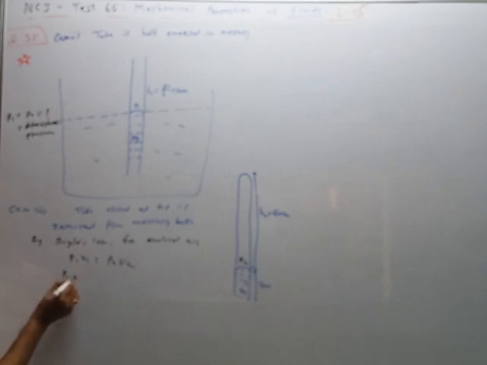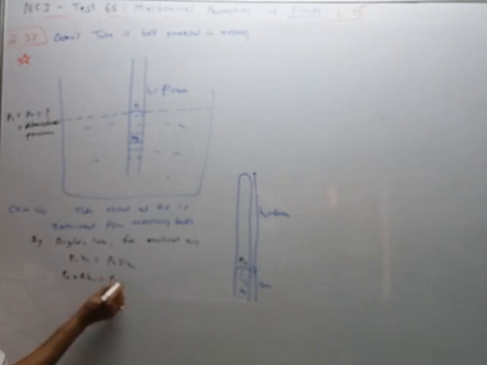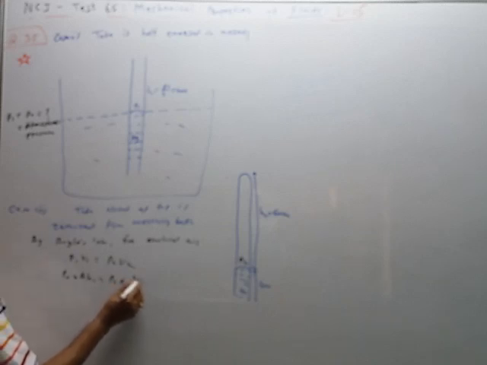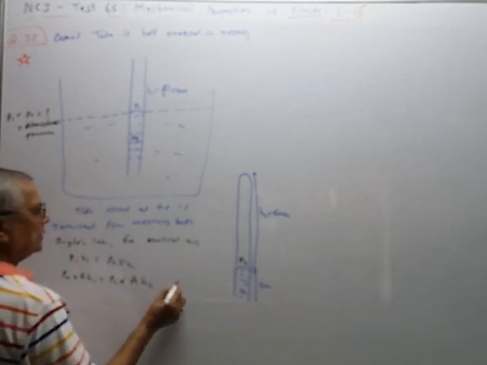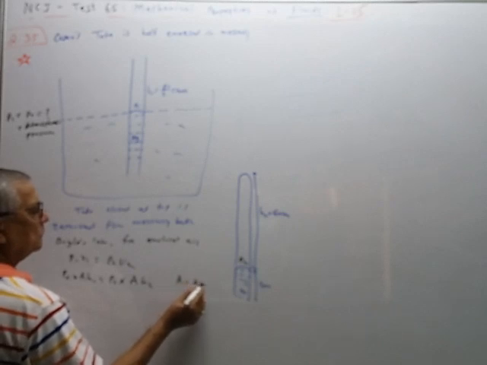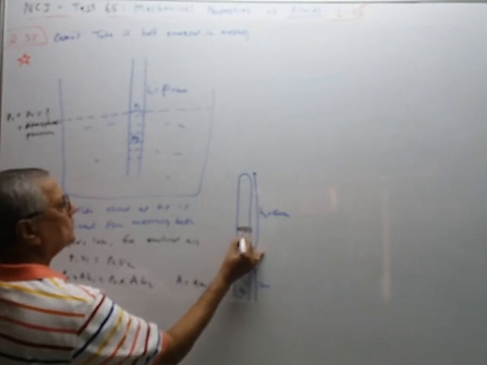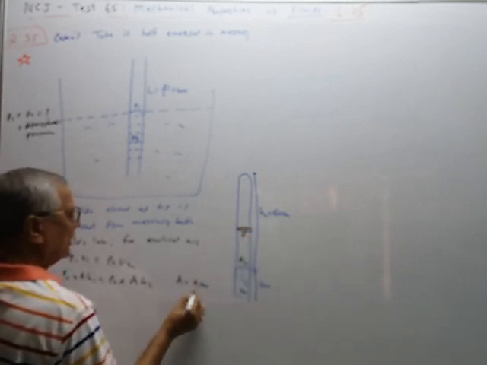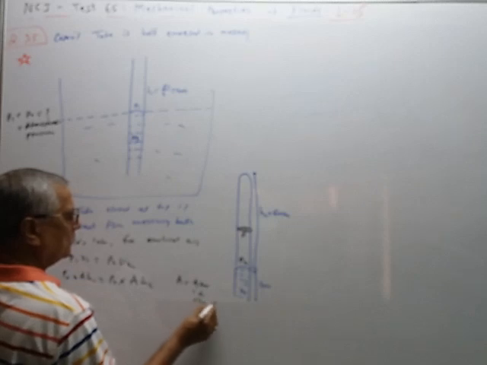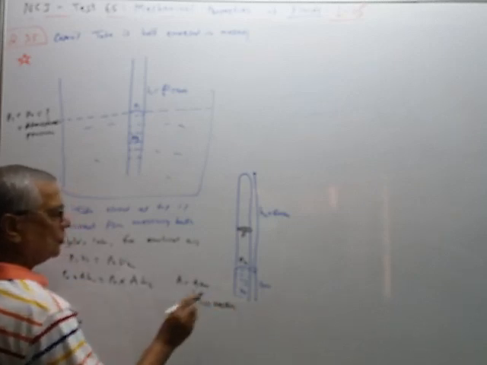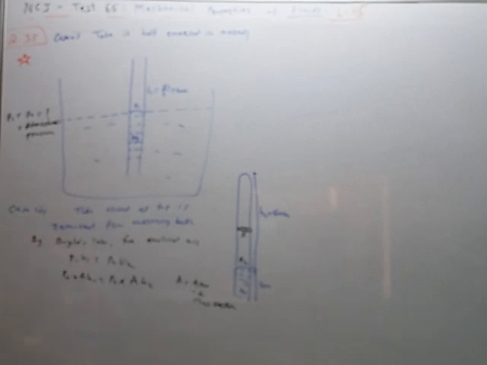Therefore, P0 into area of cross section multiplied by H1 equals P2 into area of cross section multiplied by H2. A is the area of cross section. The same capillary tube is used, therefore A will be the same. It will get cancelled.